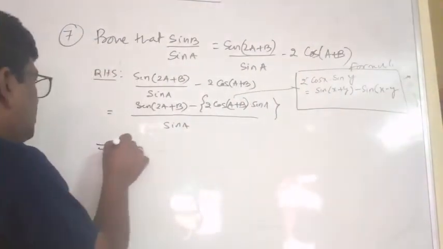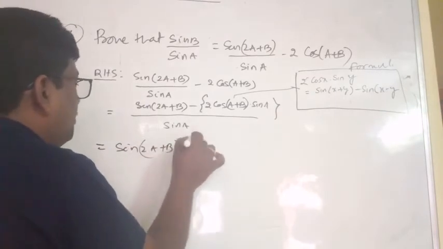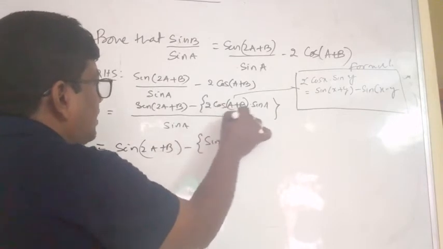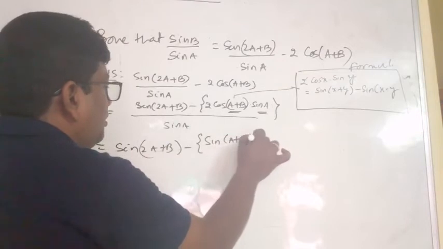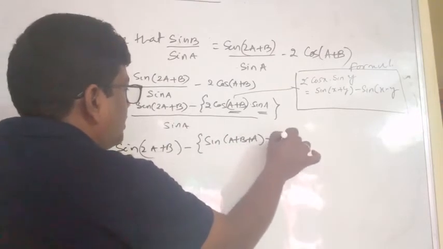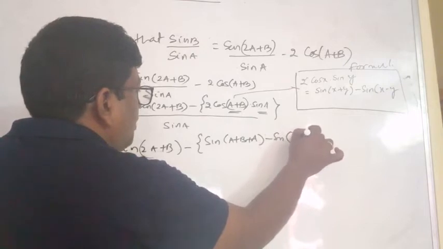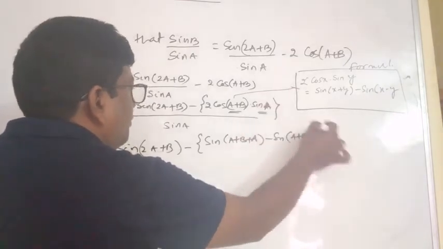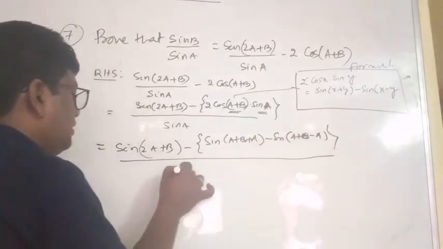This is equal to sin(2a plus b) minus sin(x plus y), where x means this is a plus b, and y means a, divided by sin a.